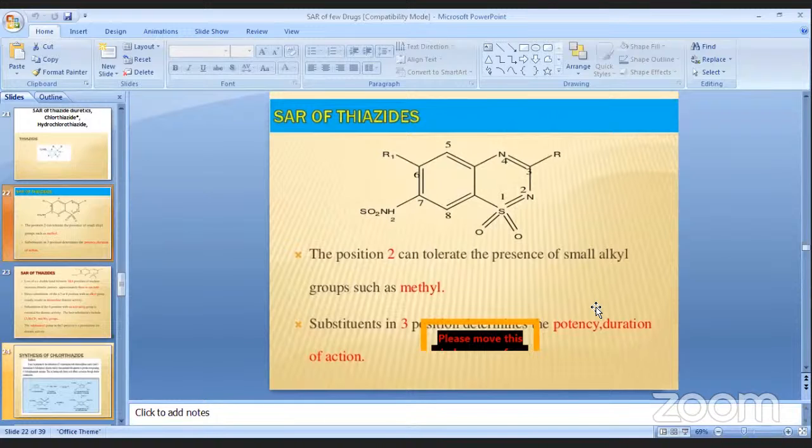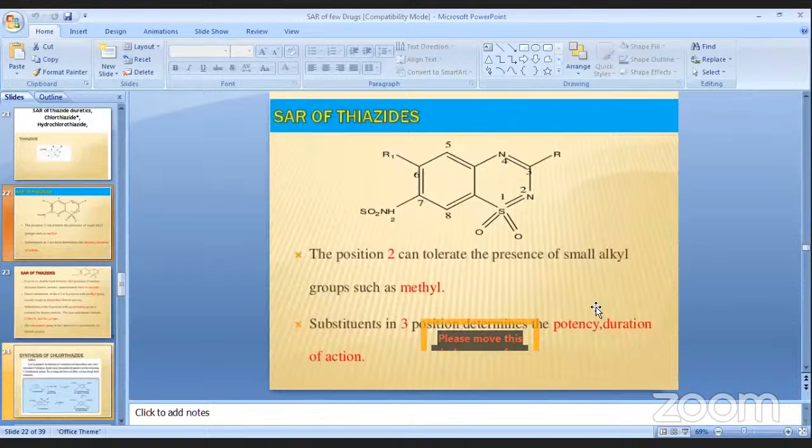But if you put other types of groups, bulky groups, then the electron withdrawing capacity of sulfoxide will decrease, and ultimately the molecule will become less active. So you can only replace hydrogen or you can replace methyl group. If you give another type of bulky group, the electronegativity will be reduced, the electron withdrawing effect of the sulfoxide group will be reduced, and ultimately it becomes inactive.